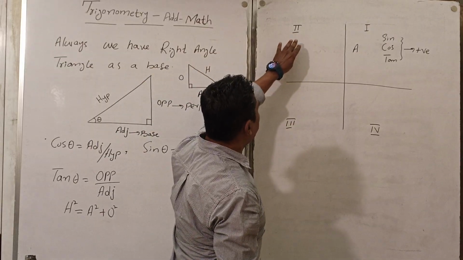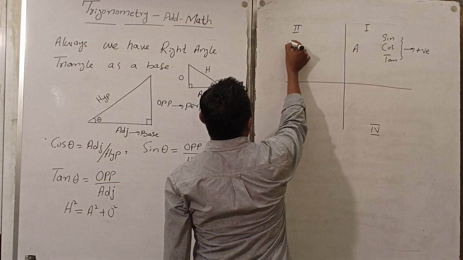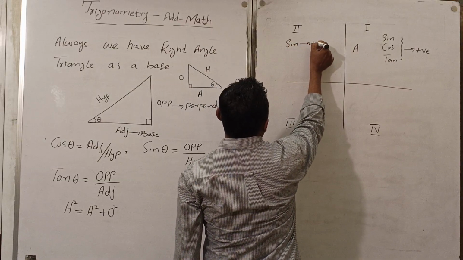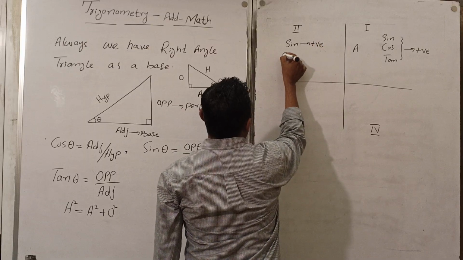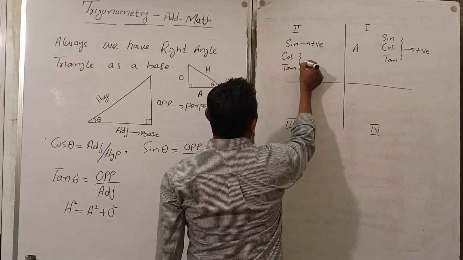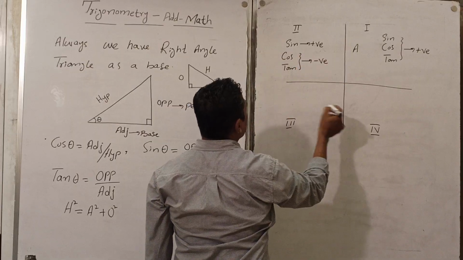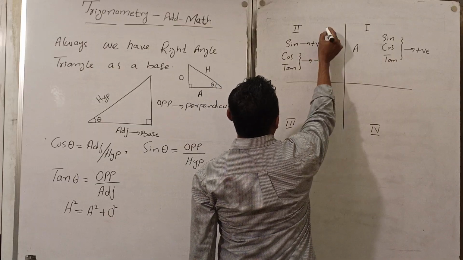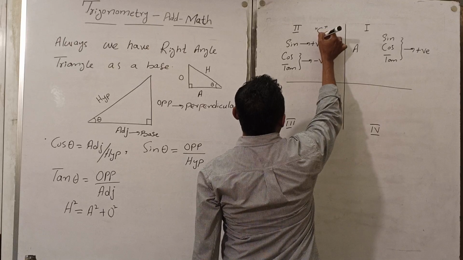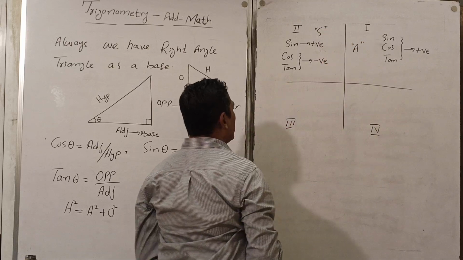Here we have only sine positive. Cos and tan are negative. So that's why we write here AS. Sine positive.